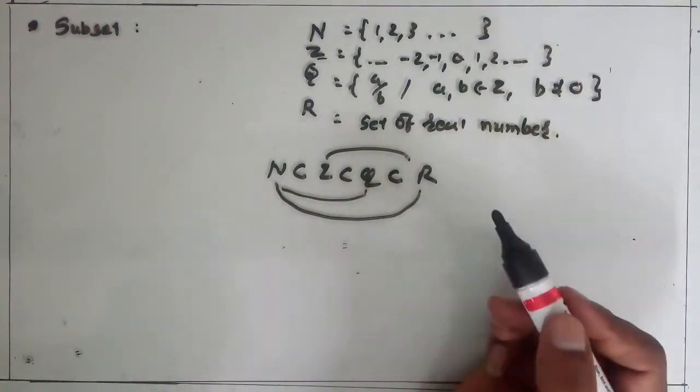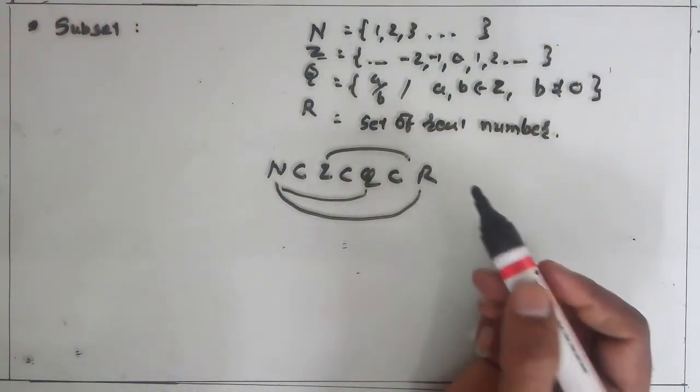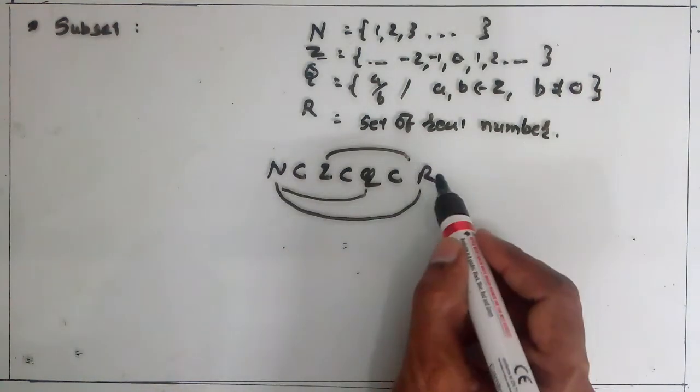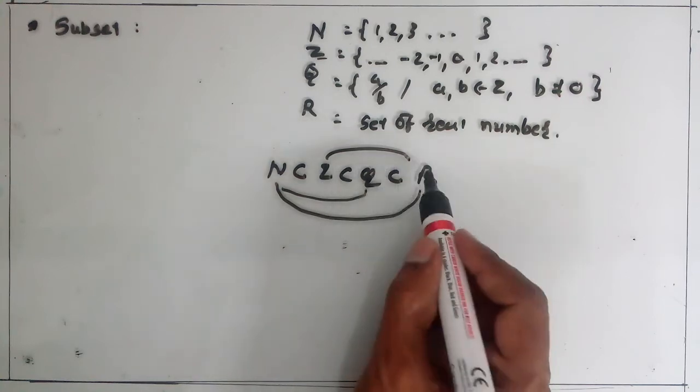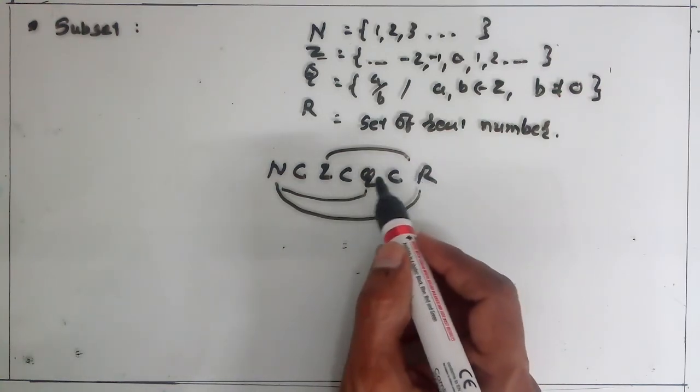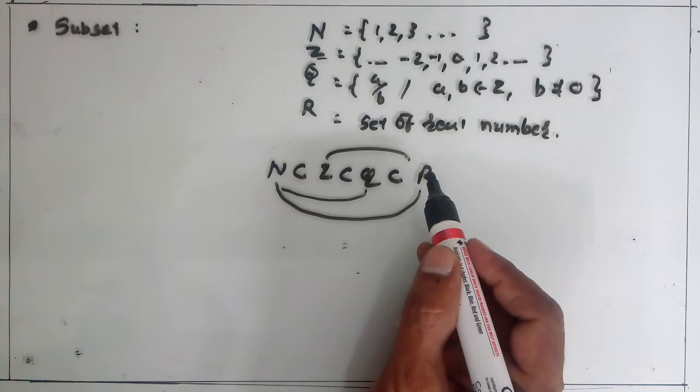Here R becomes a superset. For N, R, Q and Z become supersets. For Z, Q and R become supersets. For Q, R becomes a superset.